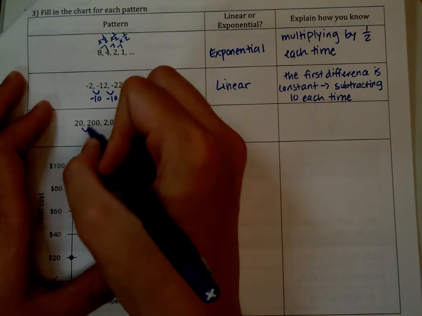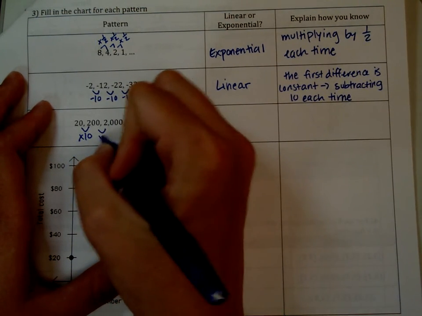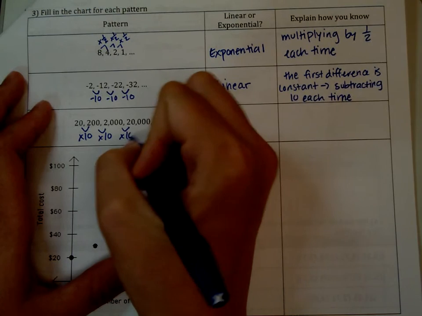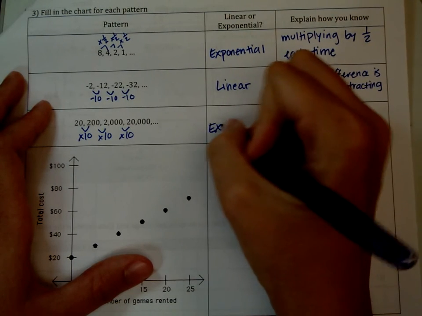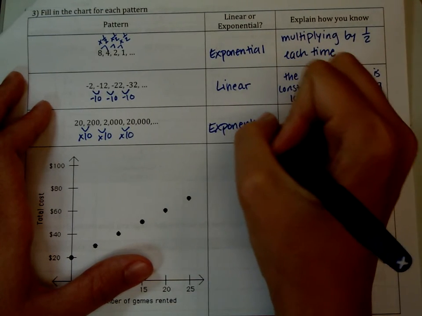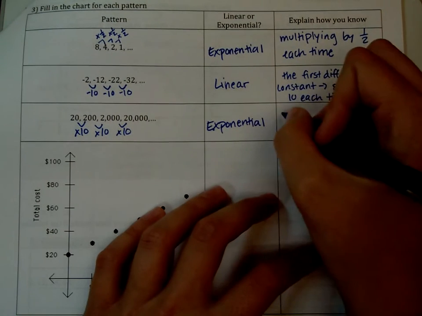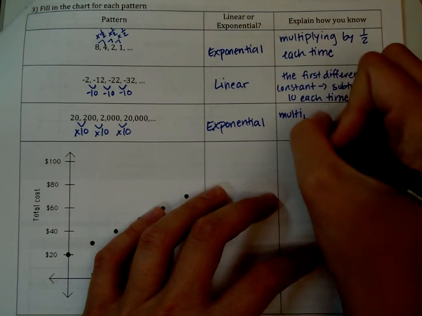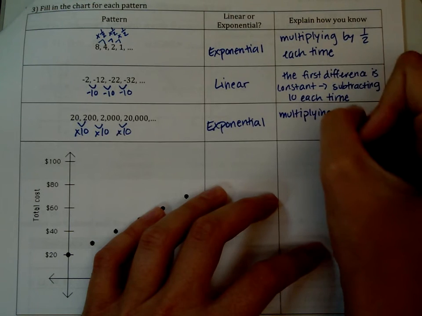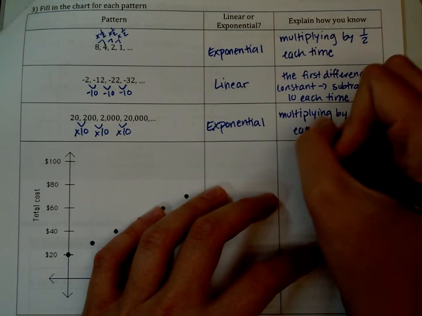Here it looks like we're multiplying by 10. So this is exponential because we are multiplying by 10 each time.